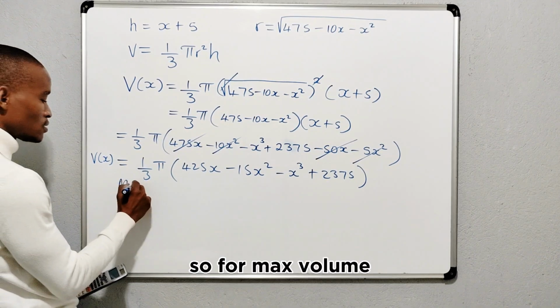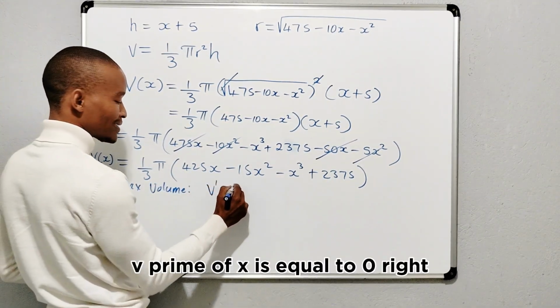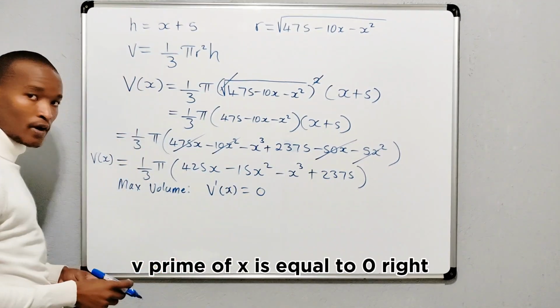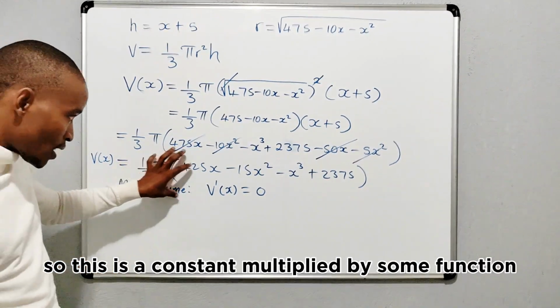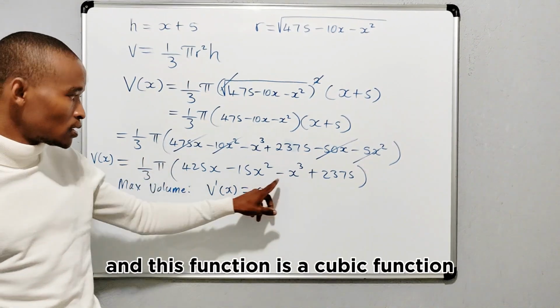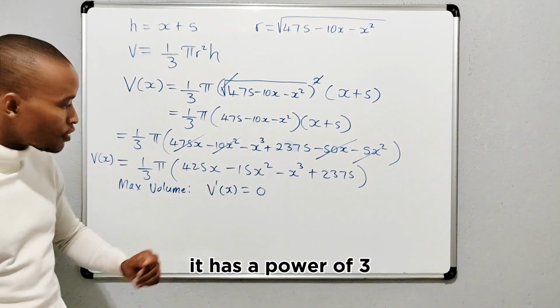So for max volume, what do we know? V prime of x is equal to 0, right? So there's a constant multiplied by some function, and this function is a cubic function. See, the leading term has a power of 3.